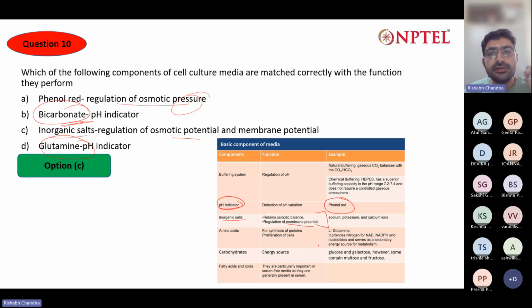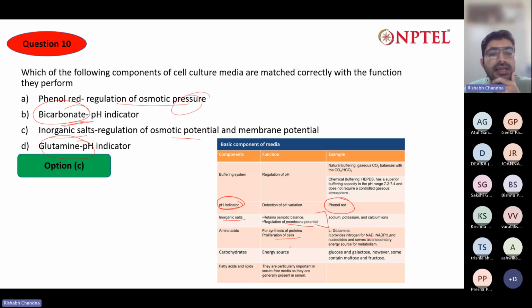They require nitrogen for the production of proteins. For synthesis of proteins as well as proliferation of cells, amino acids are required. So we generally add glutamine, and it provides nitrogen for NAD, NADPH and formation of nucleotides, because there are nitrogenous bases present in that, as well as some secondary metabolites that the cells require.